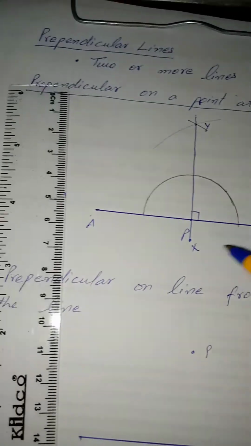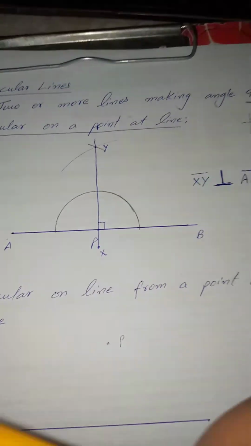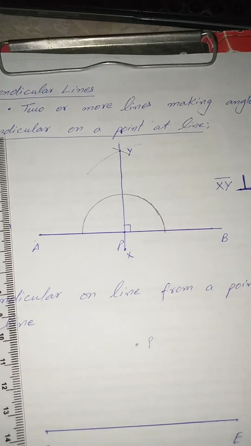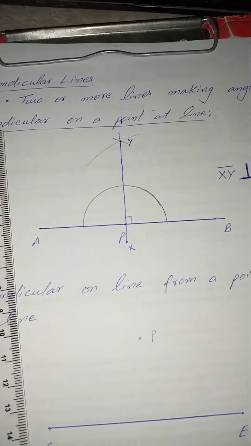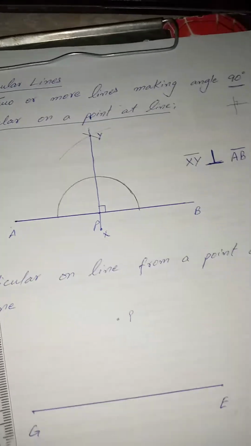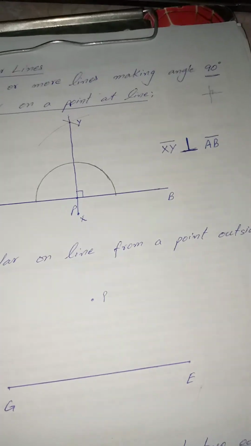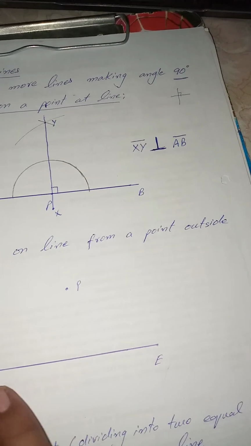Or we can also say that AB is perpendicular to XY, because both are perpendicular to each other. So that's how perpendicular lines are drawn.